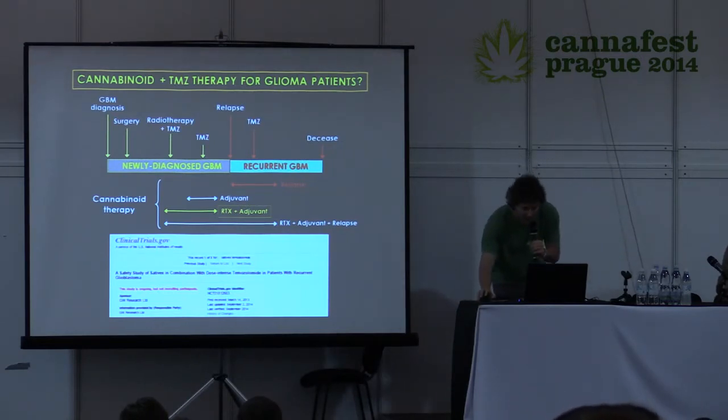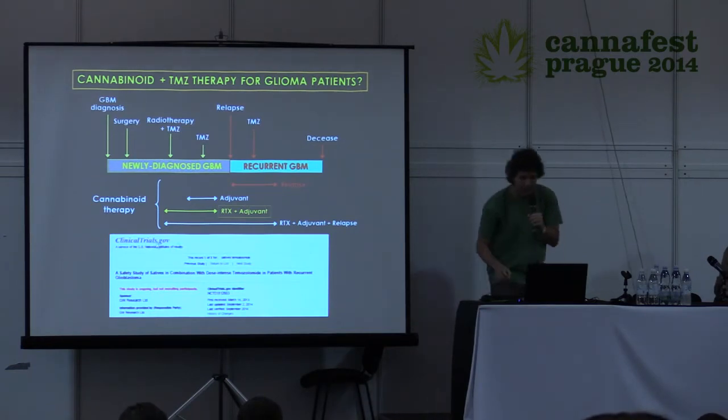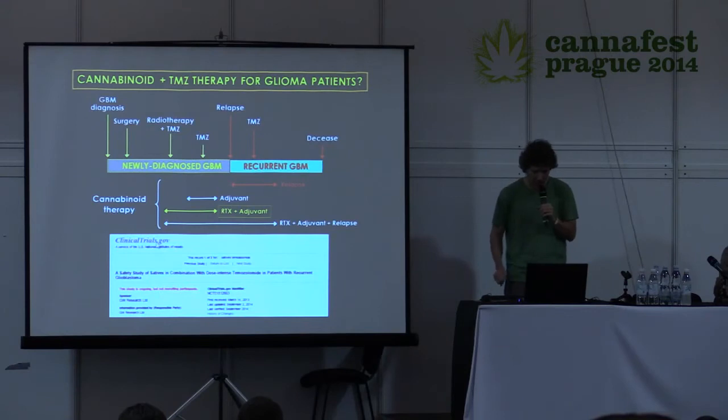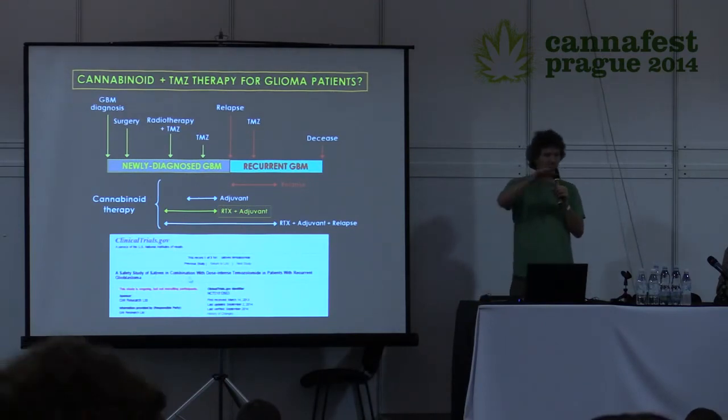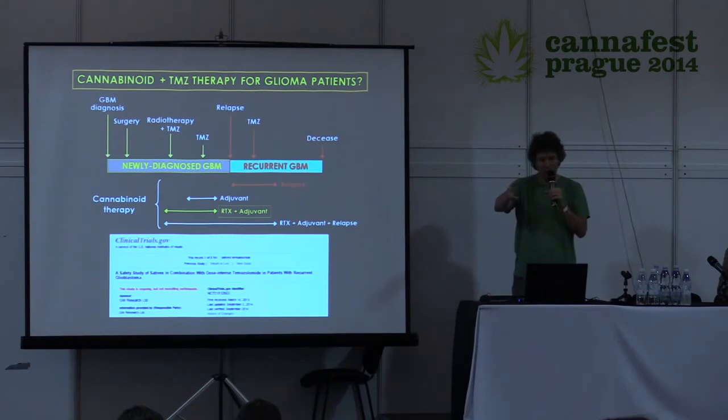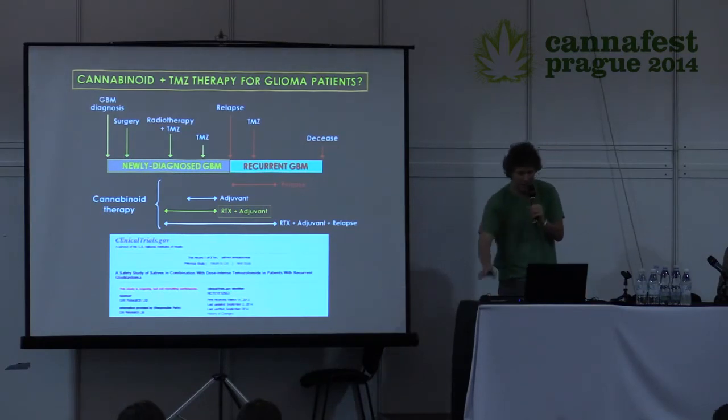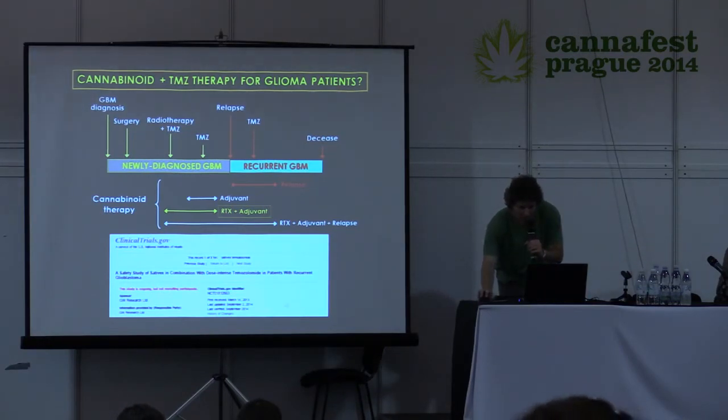So the trial that is being conducted, that is announced in this official web page of the U.S. National Cancer Institute, is a trial in which cannabinoids in the form of Sativex, that you know is a combination of THC plus CBD, plus other cannabinoids as well, but mostly THC and CBD, are combined with temozolomide.